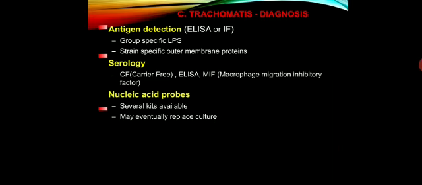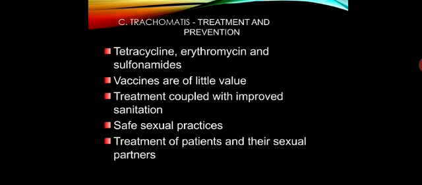And this can be easily diagnosed by antigen detection, ELISA or IF, and serology tests, and nucleic acid probes are widely used for the detection of Chlamydia trachomatis. The major antibiotics used for this infection are tetracycline, erythromycin and sulfonamides.